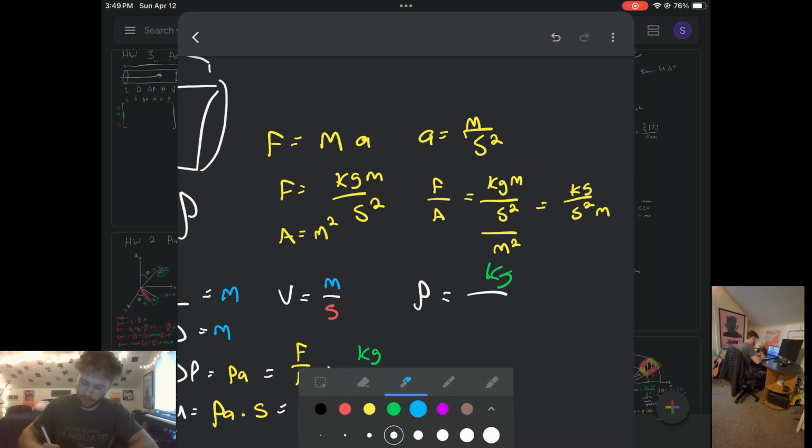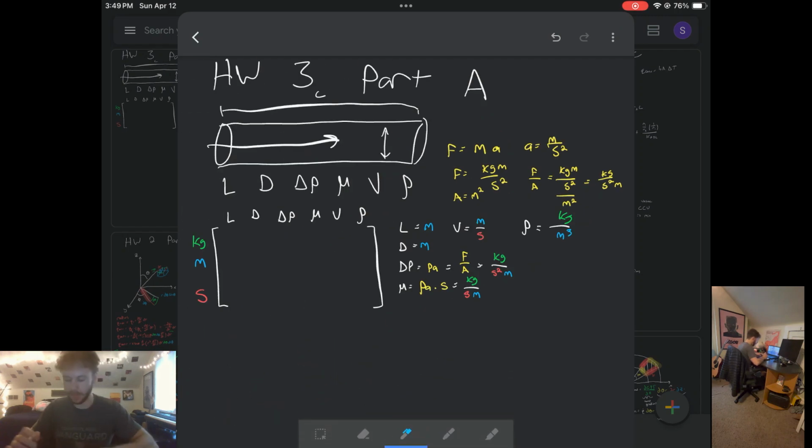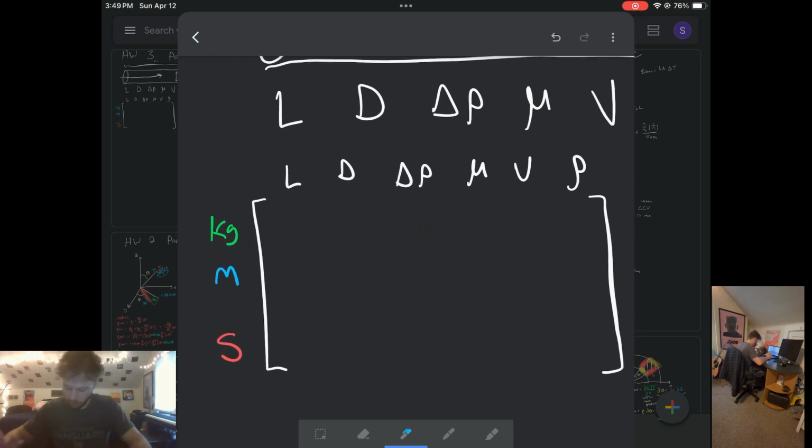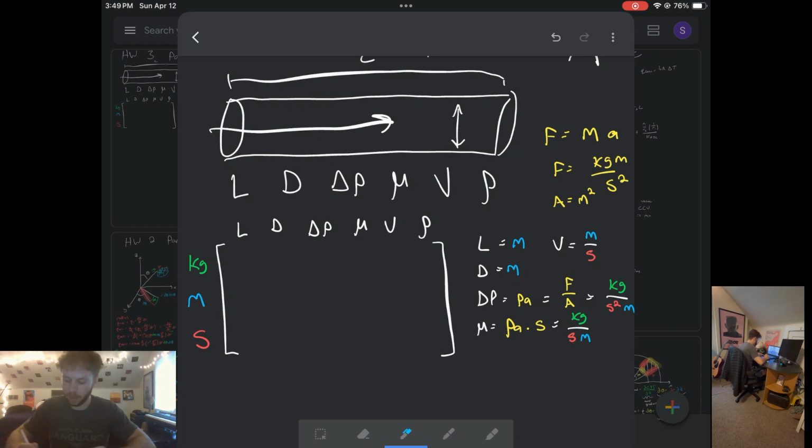Now, in our matrix here, we will describe each of the power values as a number.